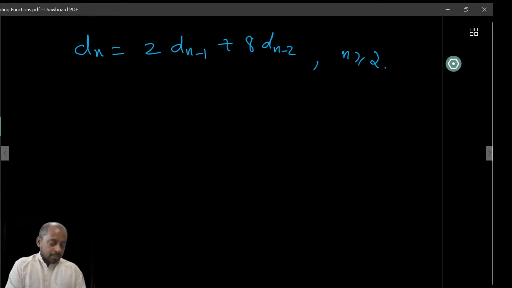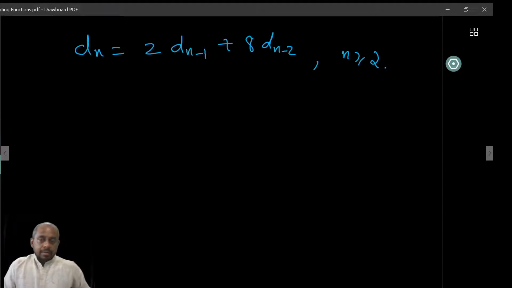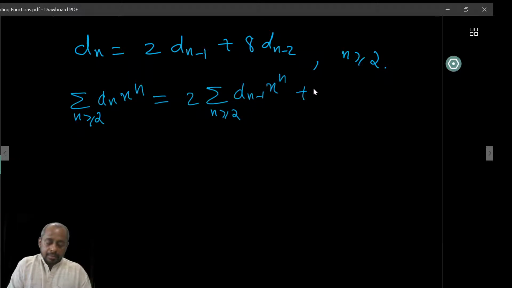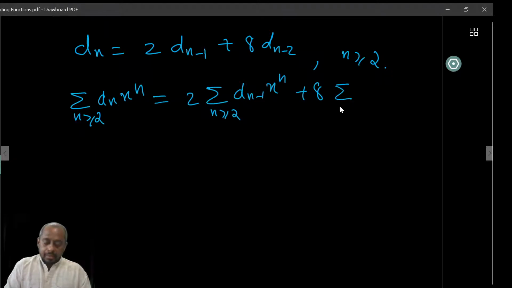Okay. So now once you have this, how do we continue? Well, that is easy, because we just take the summation over n greater than or equal to 2 of d_n x^n, multiplying with x^n, equal to 2 times the summation over n greater than or equal to 2 of d_{n-1} x^n plus 8 times the summation over n greater than or equal to 2 of d_{n-2} x^n.